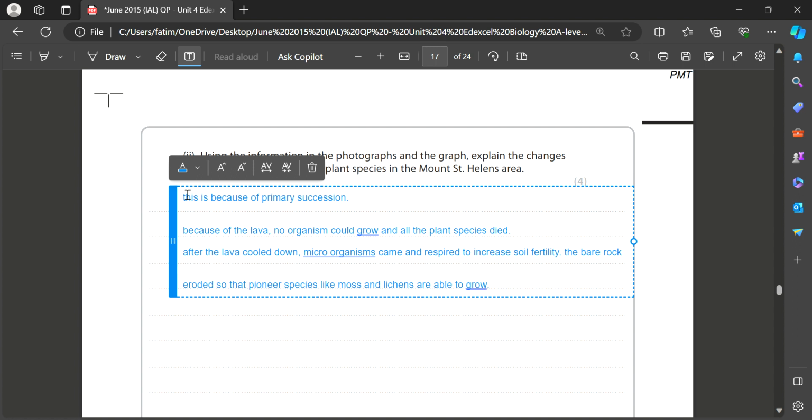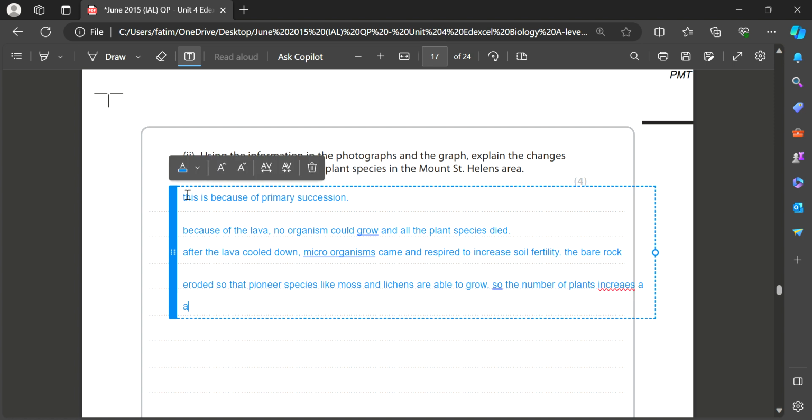And then we have bushes. The number of plant species grows slowly, the number of plants increases, and so does the number of species, as bushes and other small shrubs start to grow.